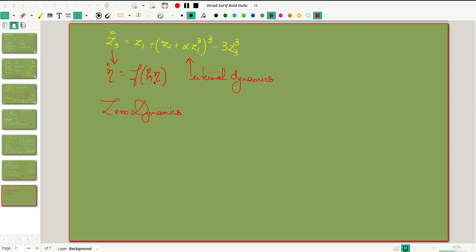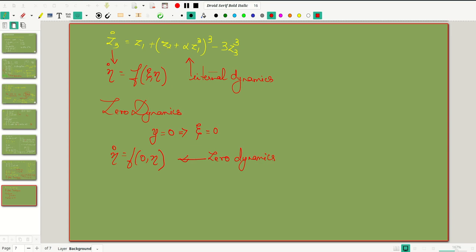When the output is put as 0, then we have the zero dynamics of the system. Okay. So we have output y equal to 0, which implies zeta equal to 0. Right. So when zeta equal to 0, eta dot is equal to f of (0, eta). This is the zero dynamics of the system.